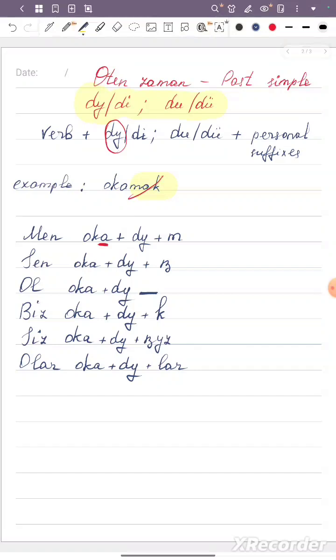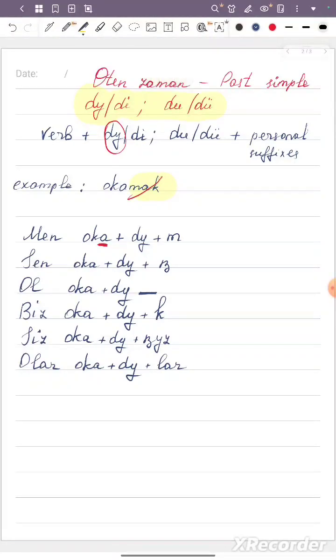Both of them are acceptable. So let me read these examples. Men okudum, sen okudun, ol okudu, biz okuduk, siz okudunuz, olar okudular.